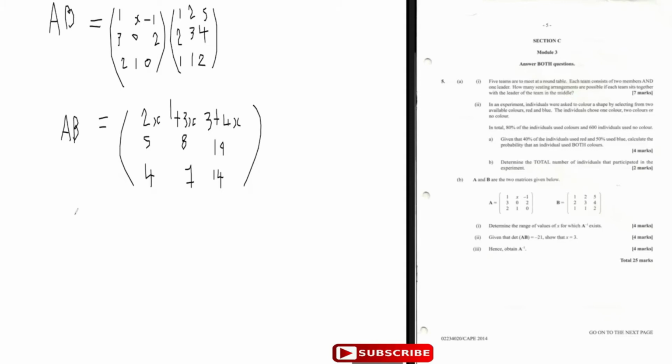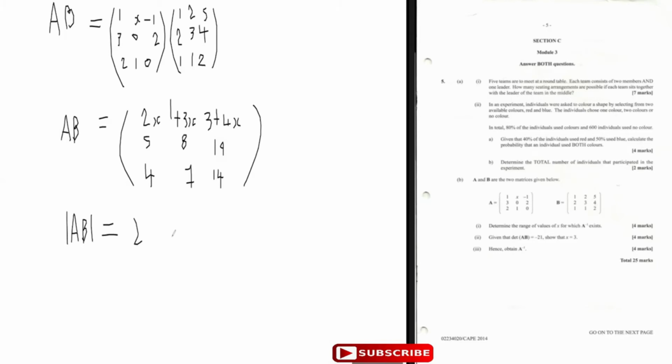All right, and so the determinant of AB is now, as the determinant of AB, we're going to be using column 1. I like to use column 1.